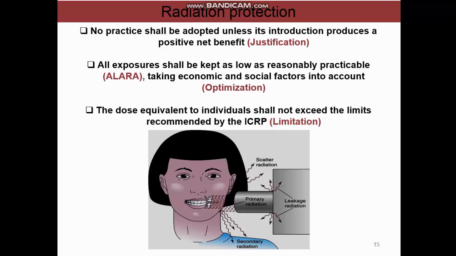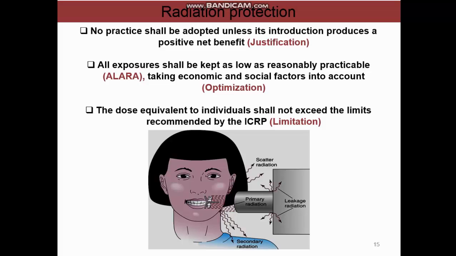Because of this, during investigation we must use different protective measures against the damaging action of ionizing rays. They are: no practice shall be adopted unless its introduction produces a positive net benefit. This principle we name justification. All exposures shall be kept as low as reasonably practicable.